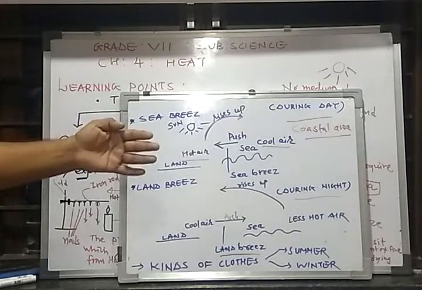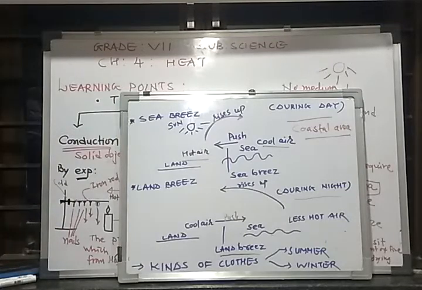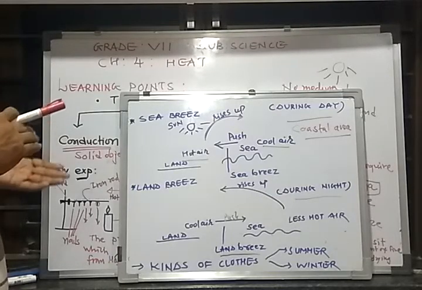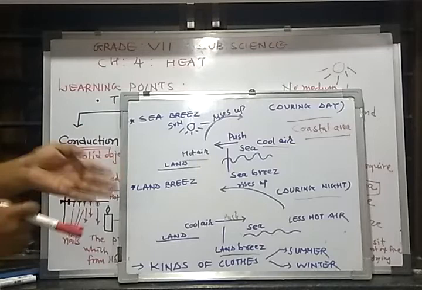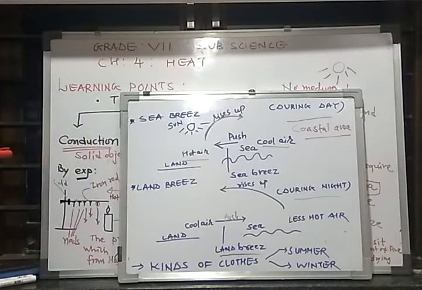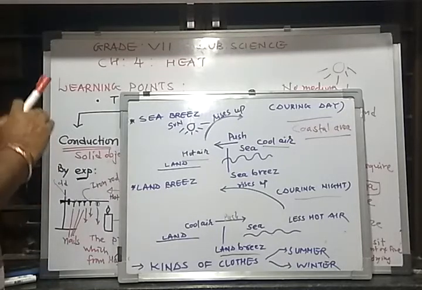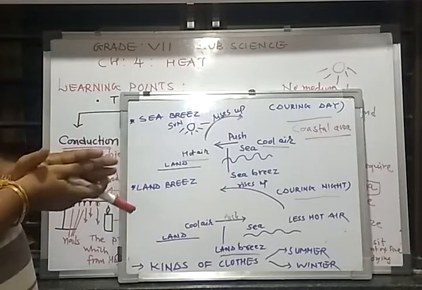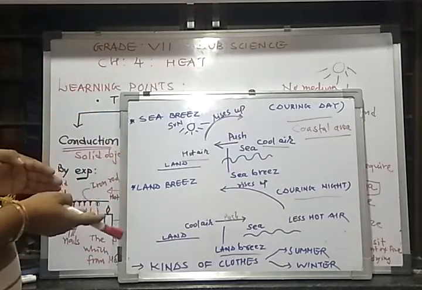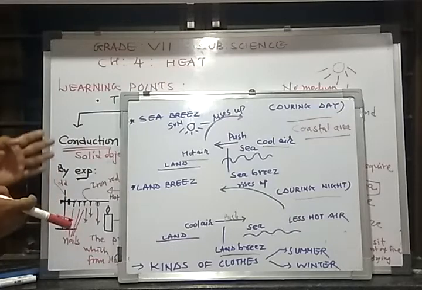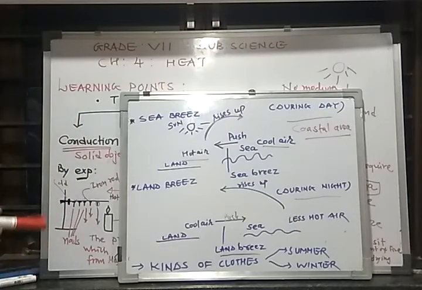There is some space there. But people can feel warm due to the radiation effect, right? So which mode of transfer of heat is there? Radiation is there, right? Okay. Another example for radiation is in summer season, wet clothes dry up. Why? Which mode of heat can you observe? Radiation type of heat is there. Okay.